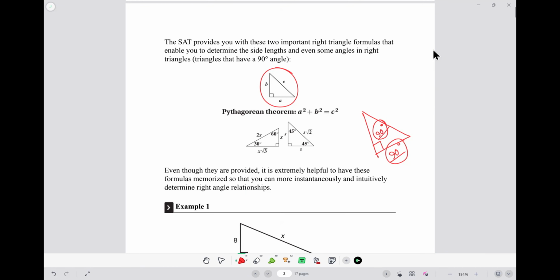I don't know the exact location, because in ancient times the locations and countries were not the same as today. So he said that a squared plus b squared equals c squared.